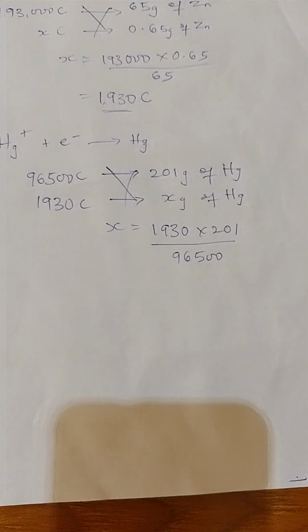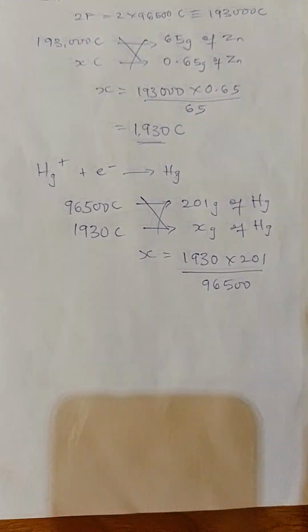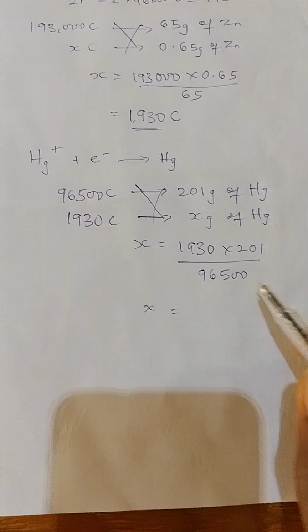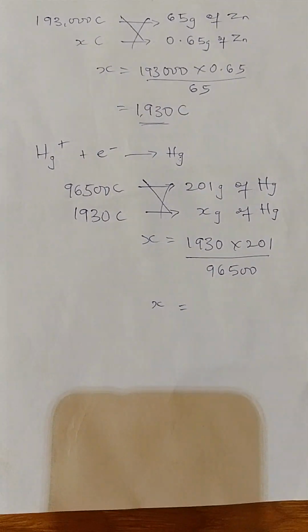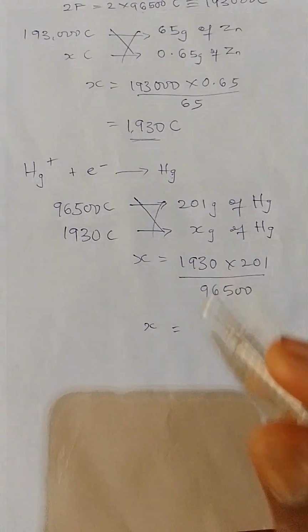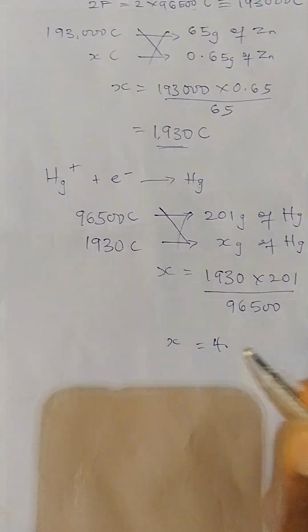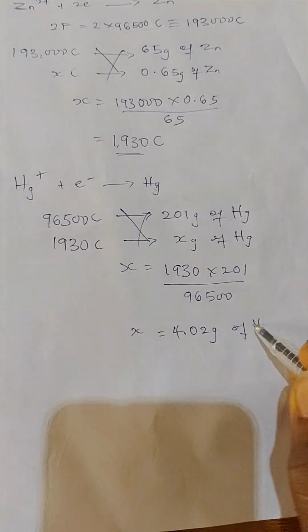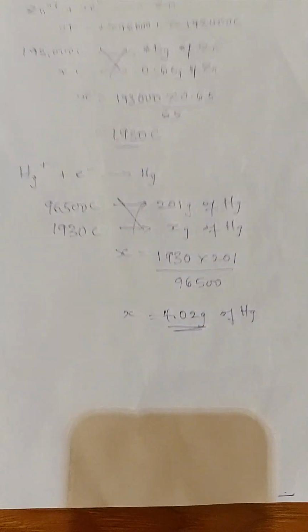Is that right? So when I punch it with my calculator, that gives me 4.02 grams of mercury.